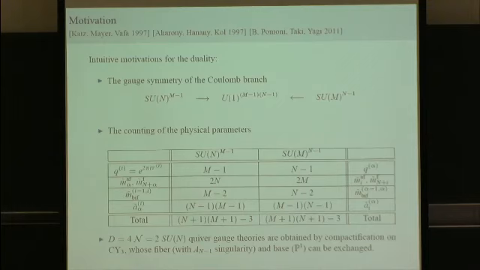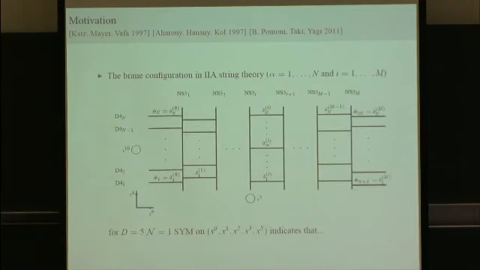The second one was given in the same year by Hanany and Zaffaroni, where they started from the brane configuration in type IIA string theory. My indices are denoted such that alpha goes from 1 to n, where n is the rank of SU(N), and I goes from 1 to m, which is the number of gauge groups.